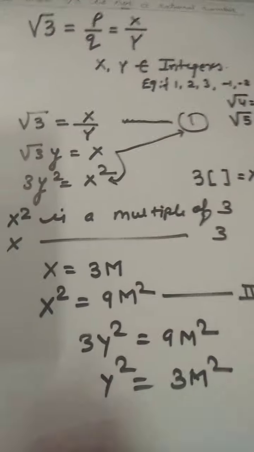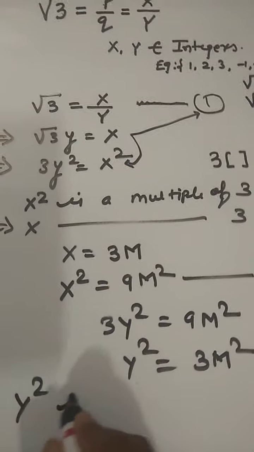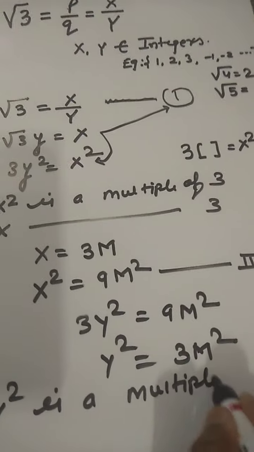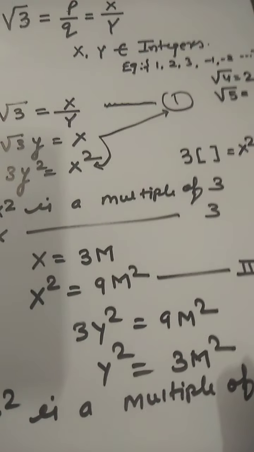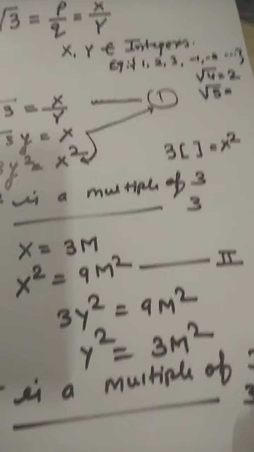Again the same thing. Y square is a multiple of 3, so Y is a multiple of 3.